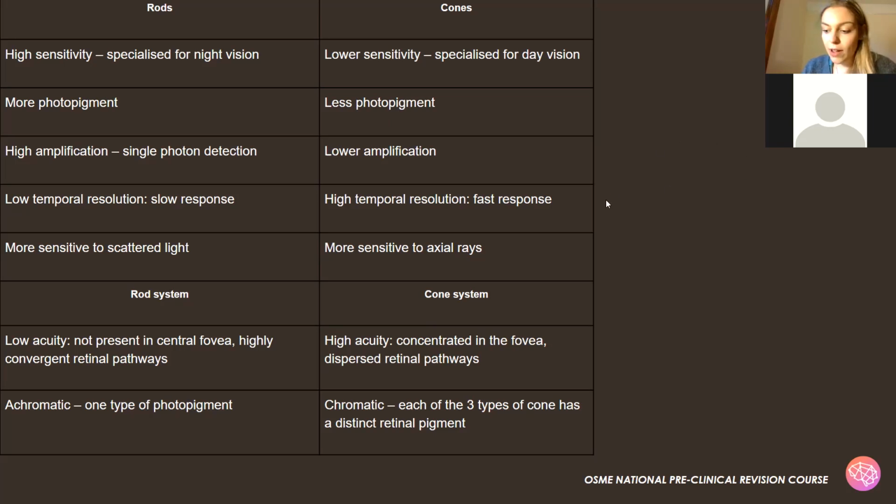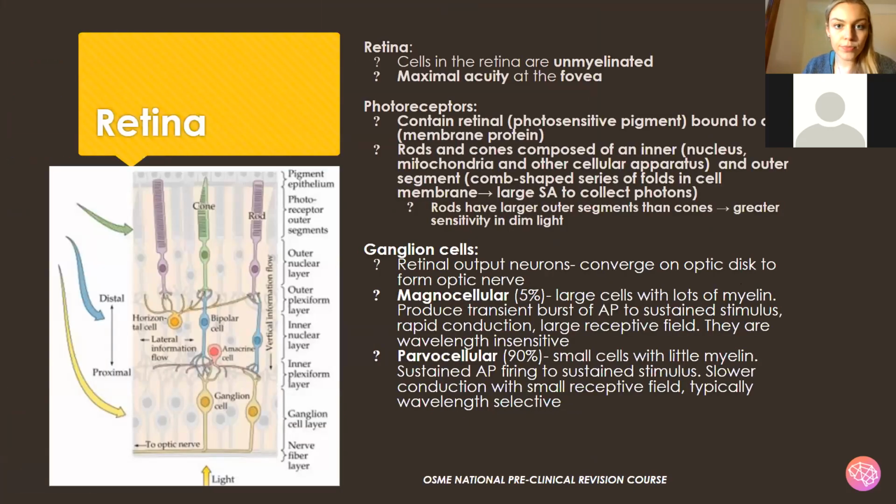Okay, so we've covered a few of those differences now. Once you rote learn these, you get an understanding of the differences between the rods and the cones. So we will move on from that.